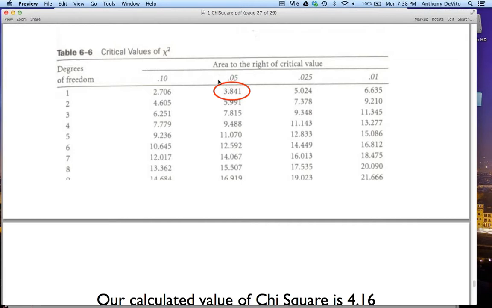But we're generally going to be looking for an alpha of 5%, just like before. So across here, our critical value is 3.841. If we wanted to be 99% certain, an alpha of 0.01, our critical value would be 6.6.